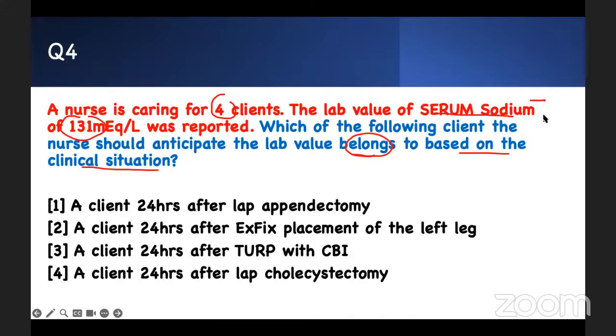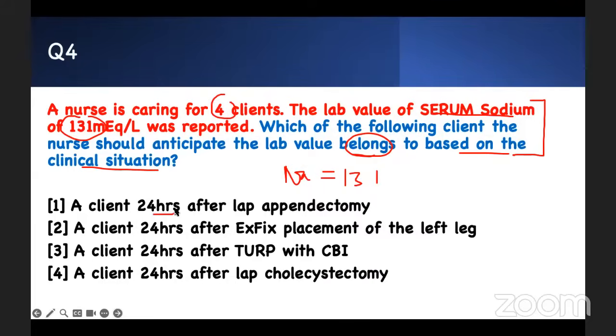Look, 4 sentences. Forget about it. All you have to say is, I have sodium 131. Who is responsible for this? Which situation will make me have this kind of problem?